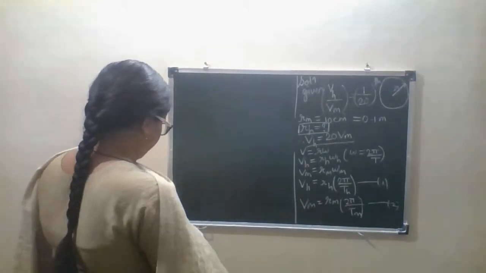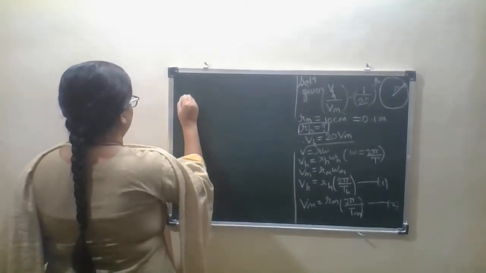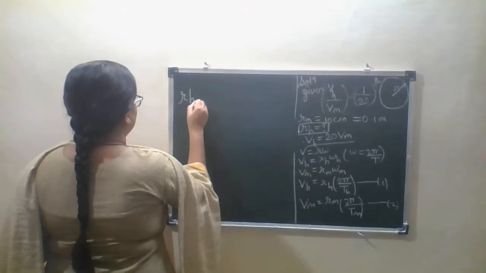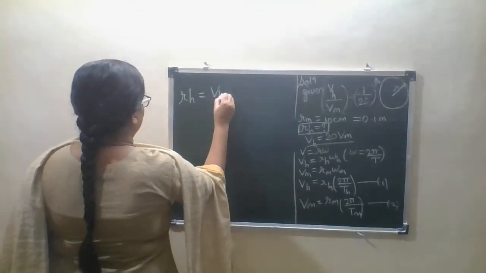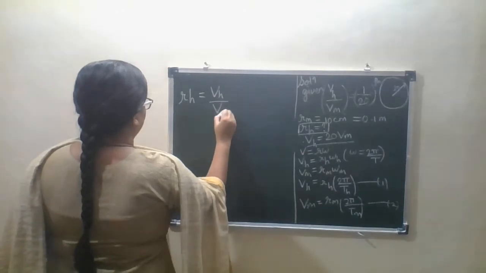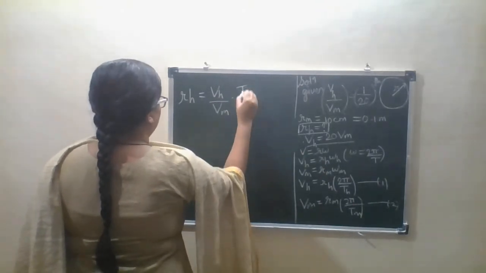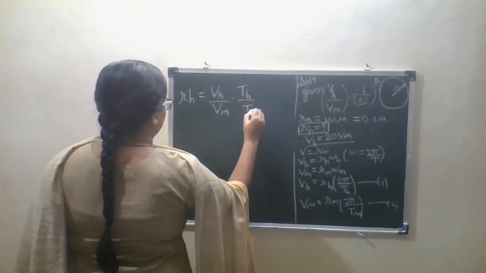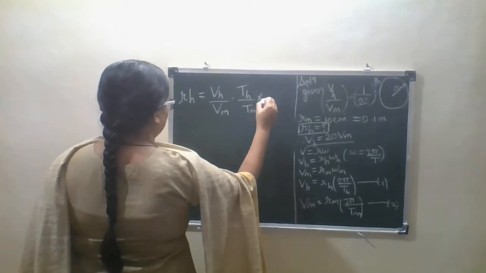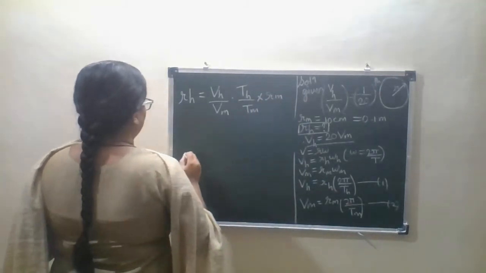Okay, rh is what we have to find, so rh is equal to vh upon vm into th upon tm into rm.